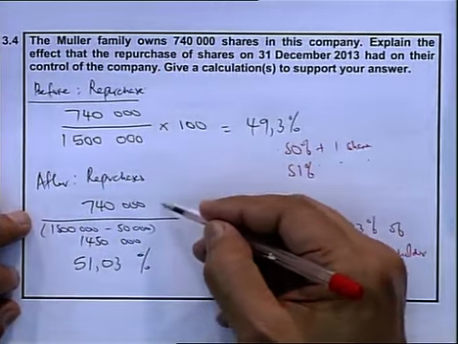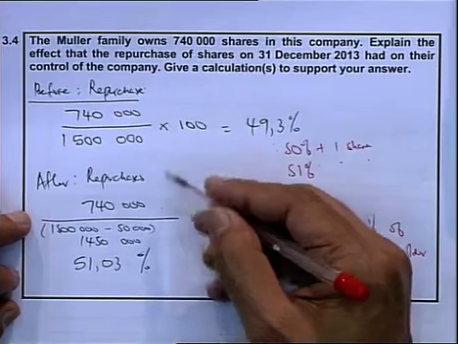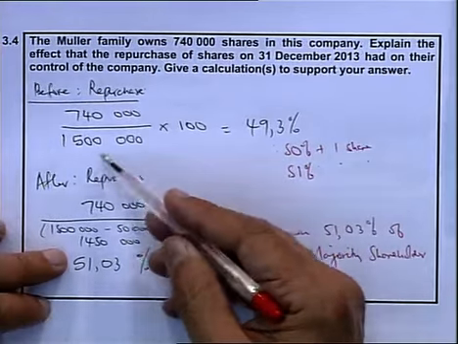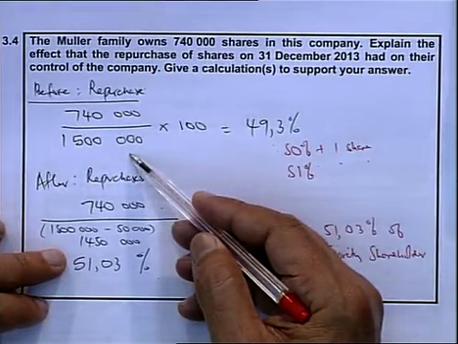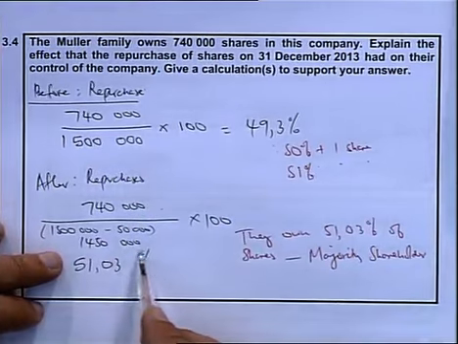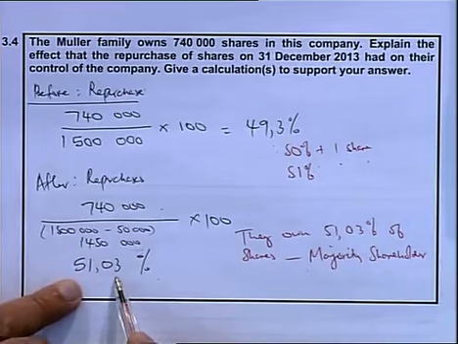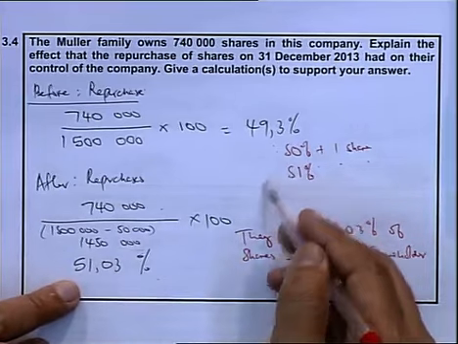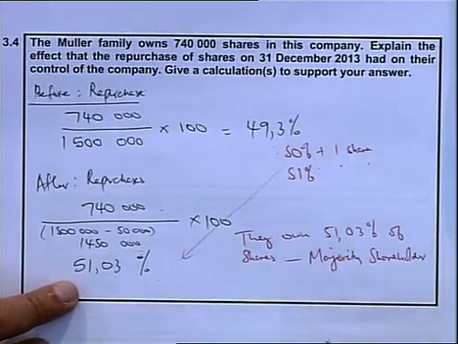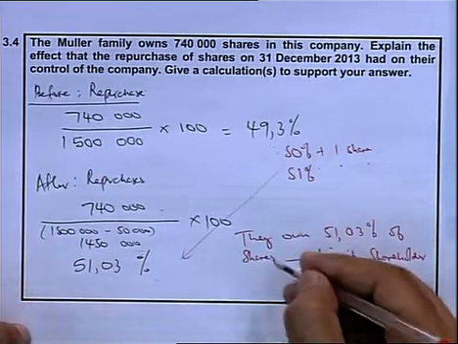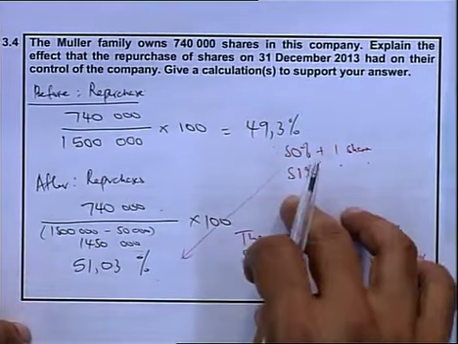So you don't have to minus the 90 from there. You have to minus the 90 from the 1.5 million at the bottom, which gave us the 1,450,000. And now they're becoming a majority shareholder because now they will own 51% of the shares that are in issue. Very important part of the work that you need to understand.